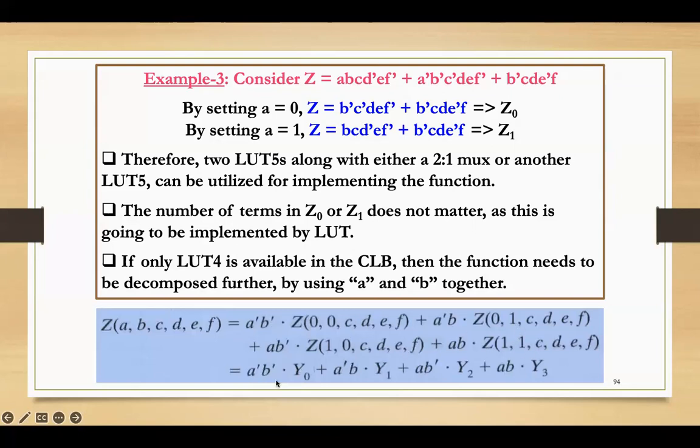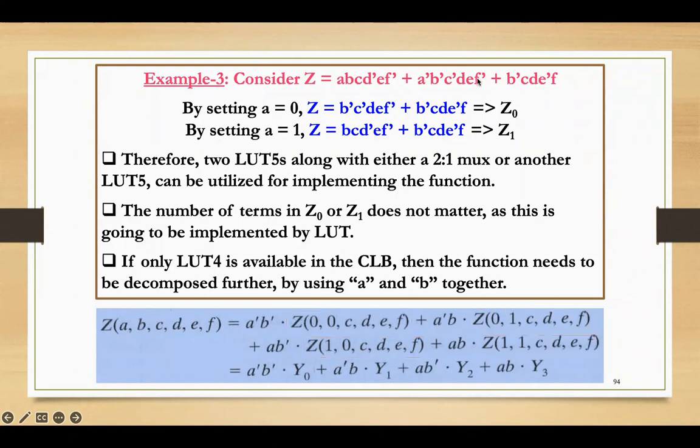So AB bar into this whole thing is taken as y0, and again here y2, then y3, y0, y1, y2, y3.